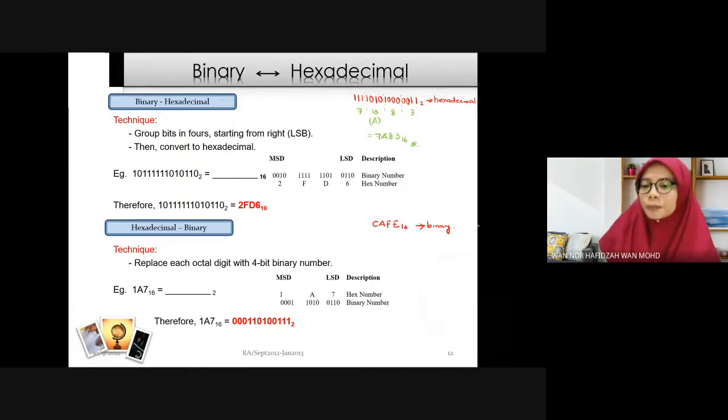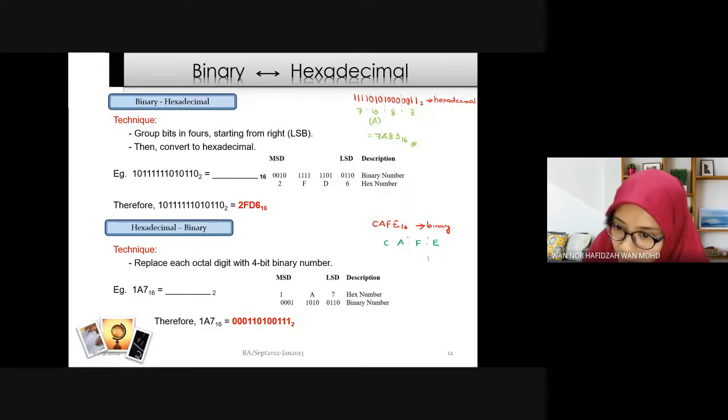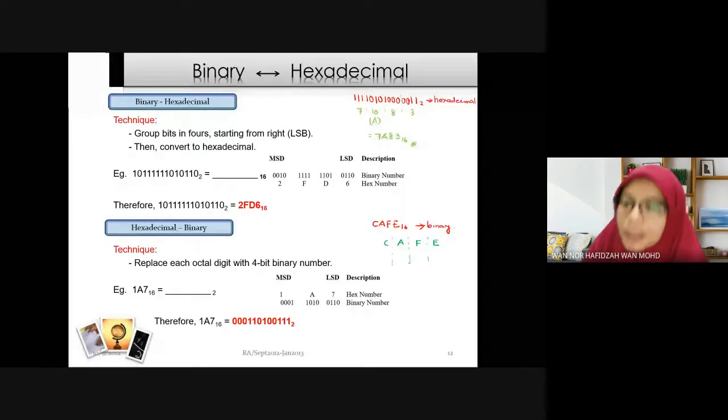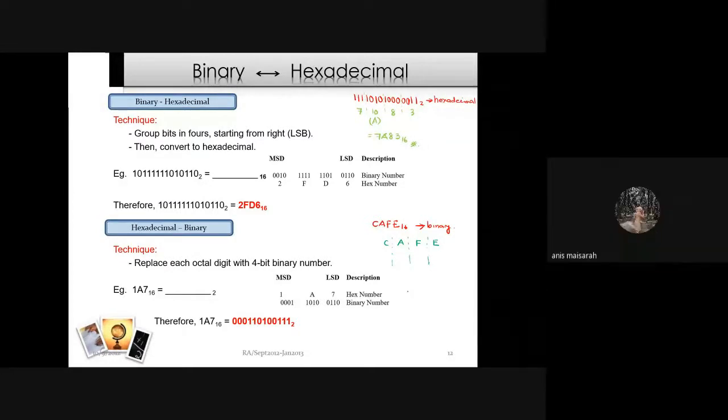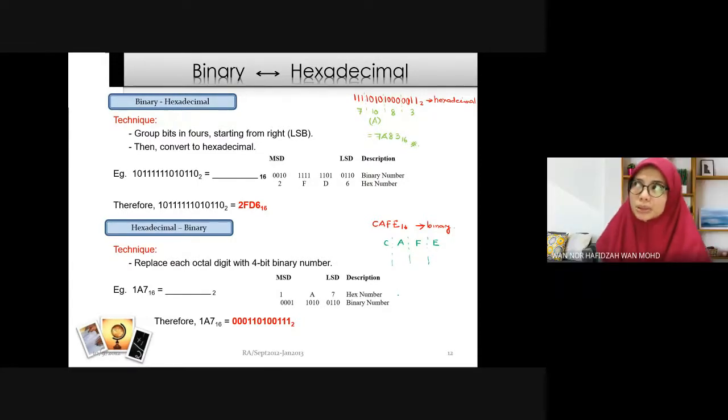So we need to separate each of these, CAFE, and then we convert each hexadecimal digit into 4-bit binary. So E equal to 1110. Kalau you rasa you macam takut confused, kita boleh tukarkan dulu kepada decimal.